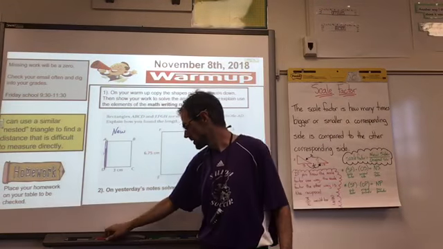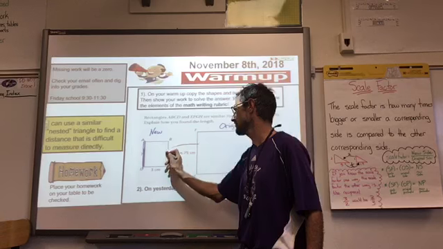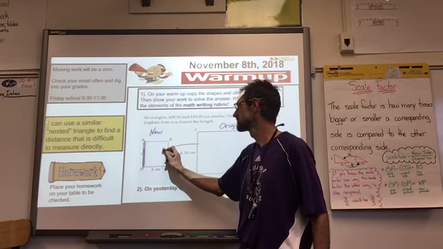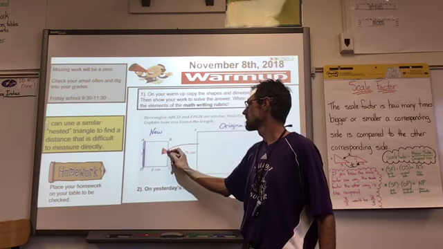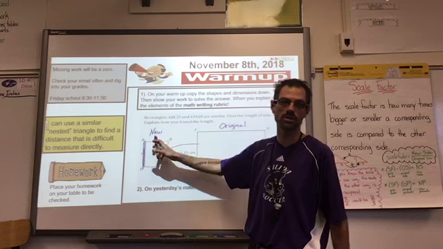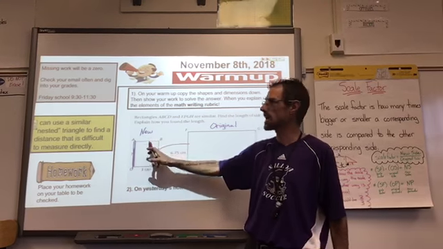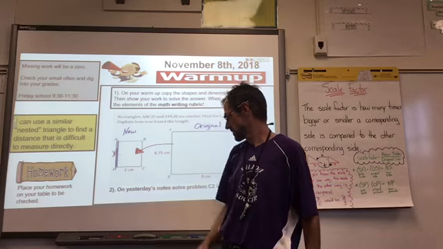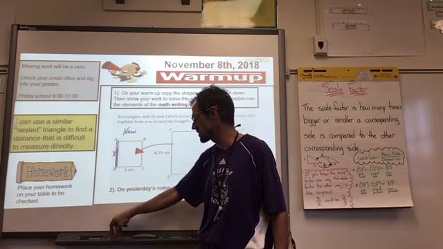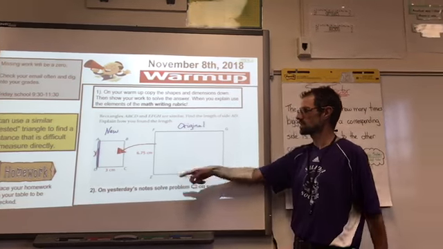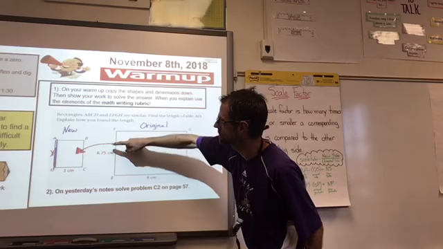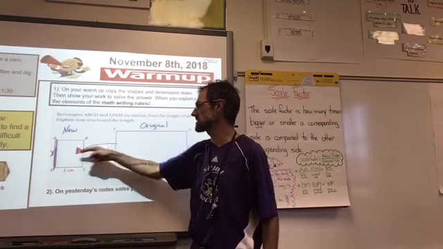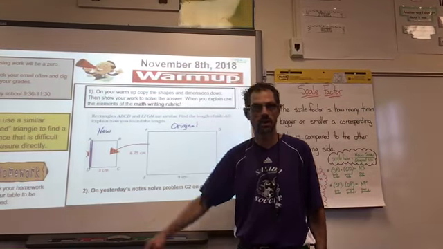This is my original, so I know I'm looking for a scale factor going this way. And most of you said, well, the new one, this ABC, is the new one because it has the unknown. This is where I'm trying to solve for X or question mark. The original already has 2 sides, and these sides correspond with sides on the ABC.